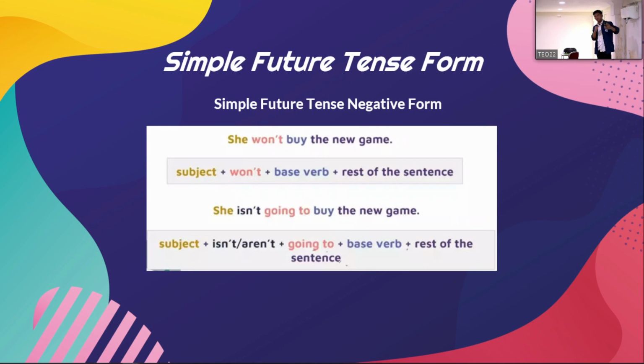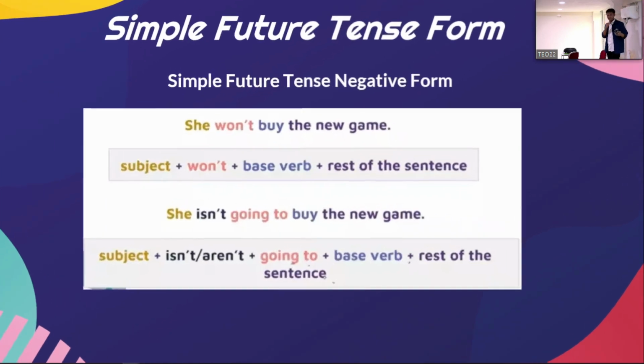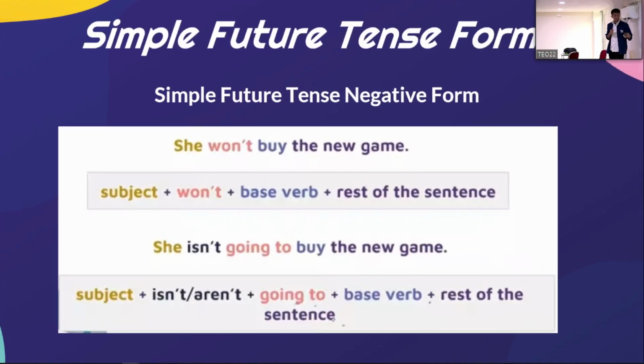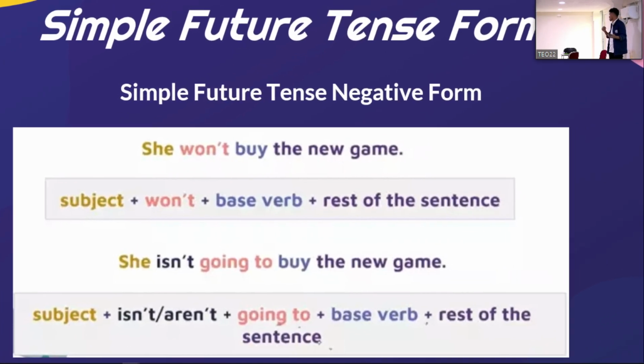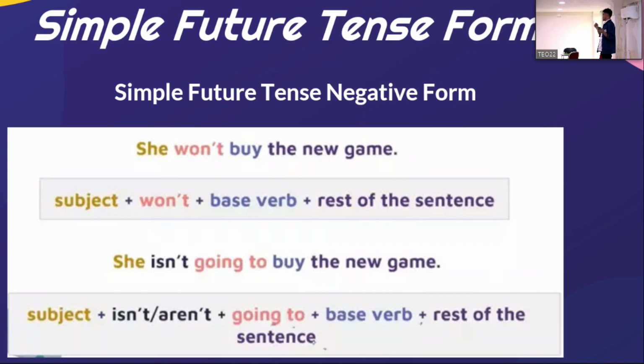Okay, now we talk about the simple future tense negative form. The formula of the negative form is subject plus won't plus base verb. What is won't? Won't is will plus not becoming won't. It's the same as does not becoming doesn't. So the formula is subject plus won't plus base verb, that is verb one, and then the rest of the sentence. For example, she won't buy the new game.